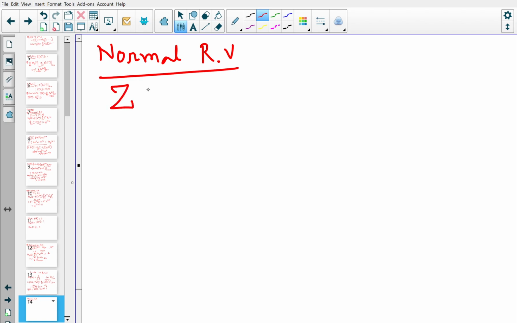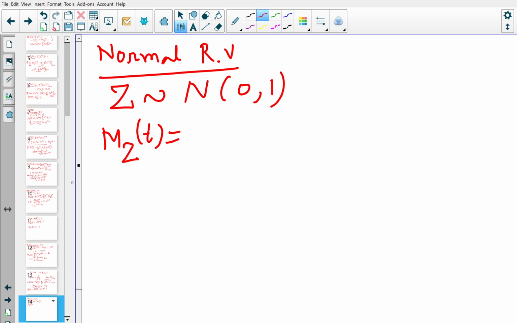We'll start with the standard normal. Suppose Z is a standard normal, so Z is distributed with parameters 0 and 1, where 0 is the mean and 1 is the variance. Then we will do it for the general case. For this case, we can easily use the definition. This is the expectation of e power tZ.